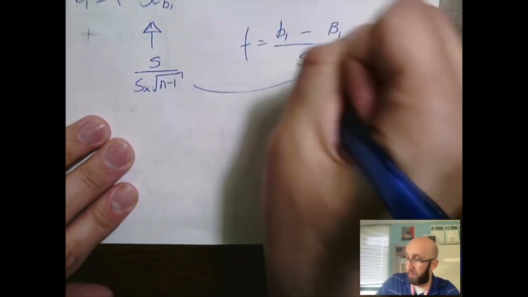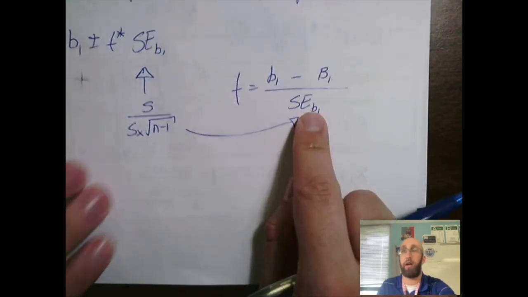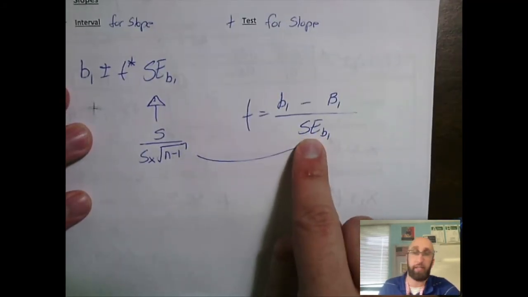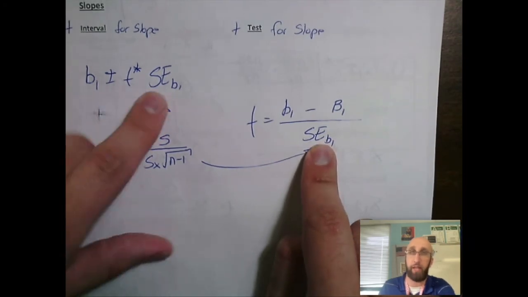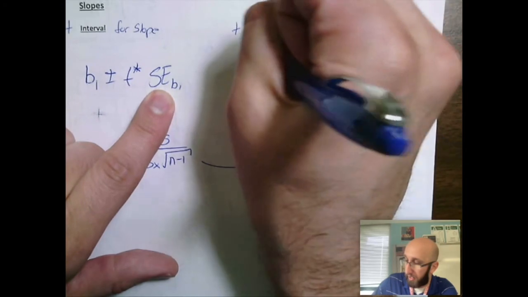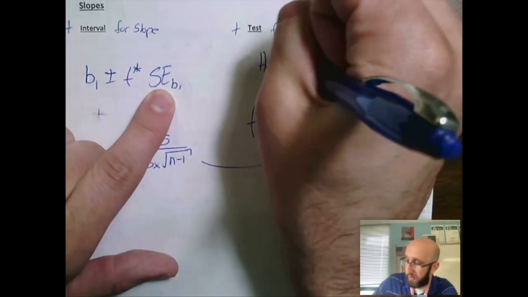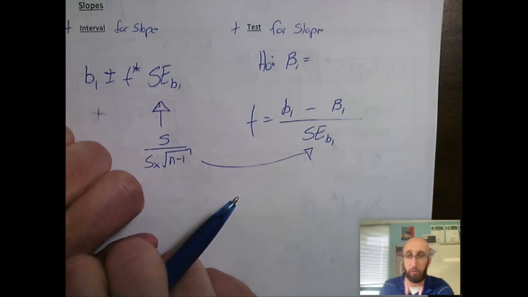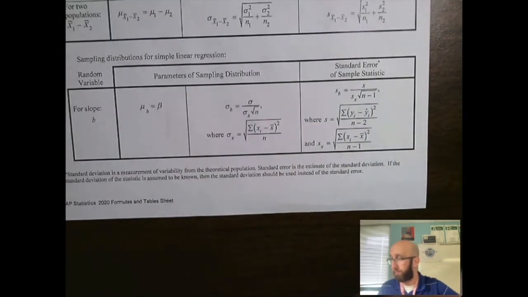Again, it's on the AP formula sheet right there. Again, oftentimes it's a computer printout problem, so they often give you the standard error of that slope for you. You just need to know where to look. And one piece I should have added is that oftentimes there's a hypothesized population slope that you work with. So there you have it.